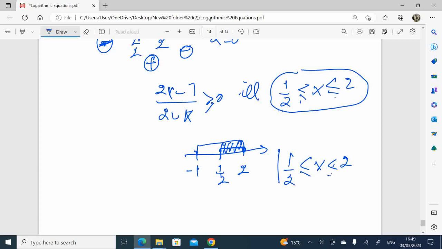So this is the final solution. It means the domain for our function is closed at 1/2 and open at 2. So this is the domain for our last function. Thank you, and see you in the next video.